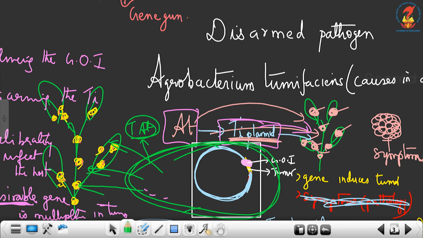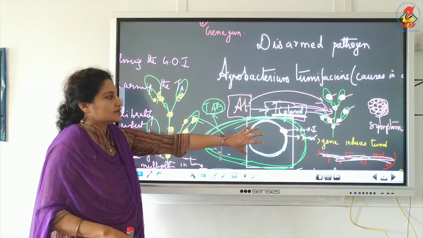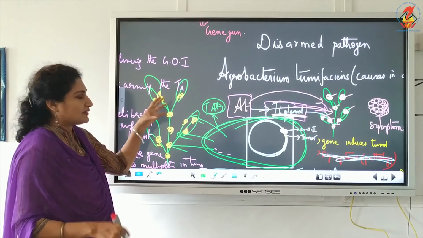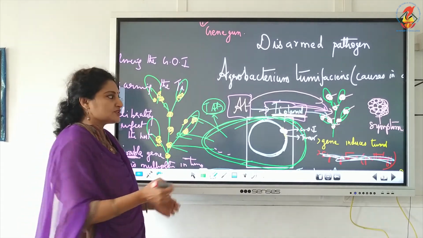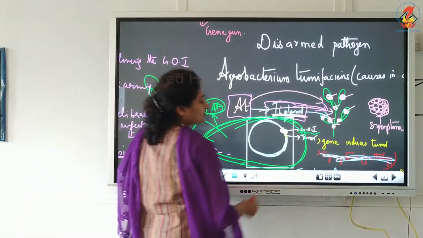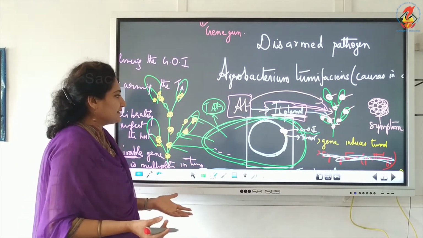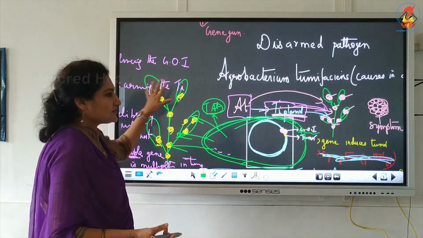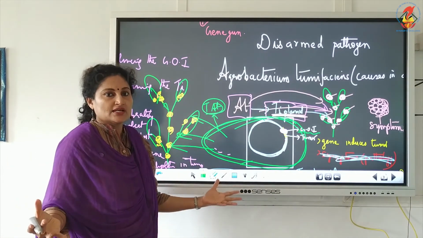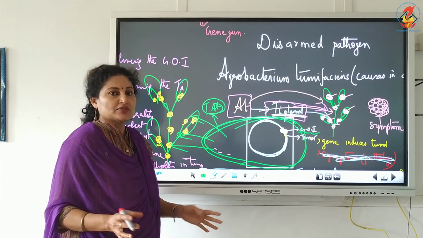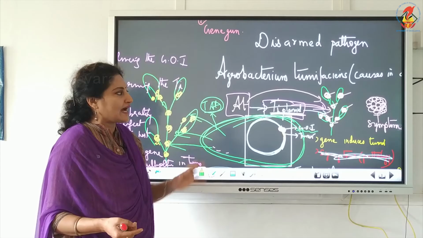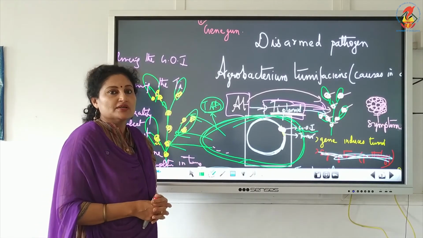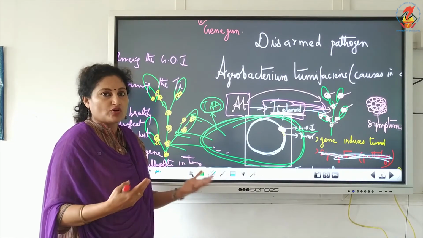When it invades the host, what happens is plasmids will cause multiplication of the cells. That means tumors are formed, and when tumors are formed, what happens automatically? Our gene of interest is being multiplied. So we get this plant as a factory full of tumors, but the plant is healthy because other pathogenic conditions like wilting and other symptoms, which usually happen when an agrobacterium tumefaciens invades a plant, do not exist. What are the other symptoms?